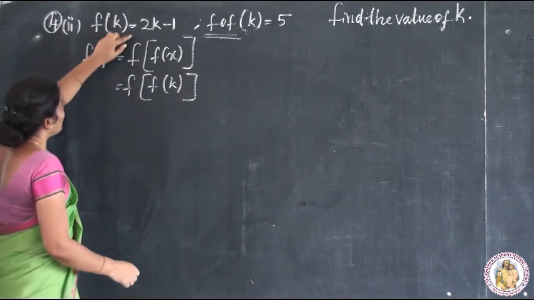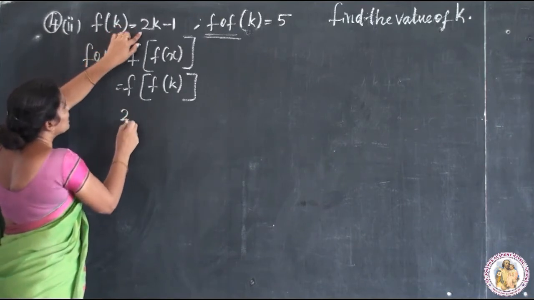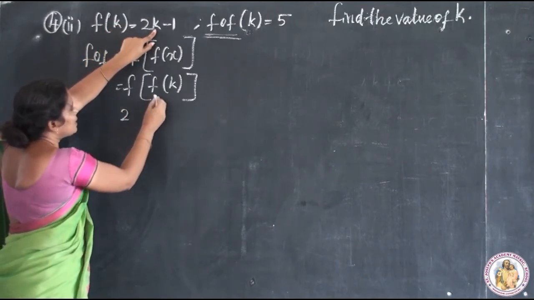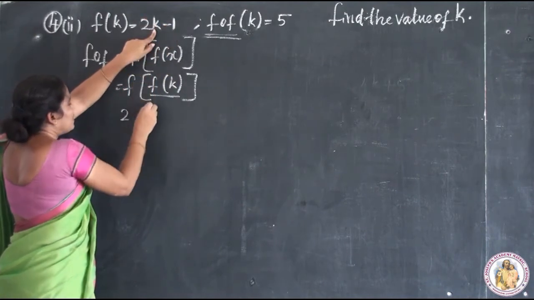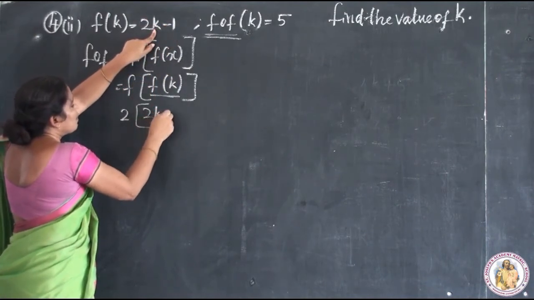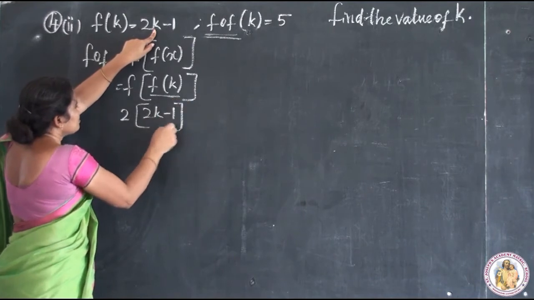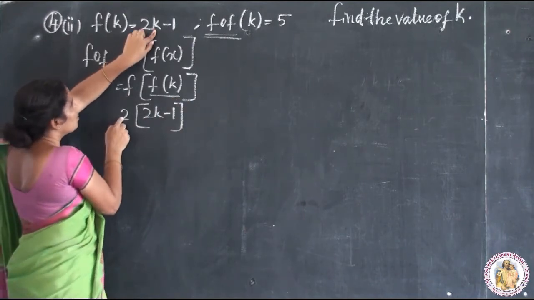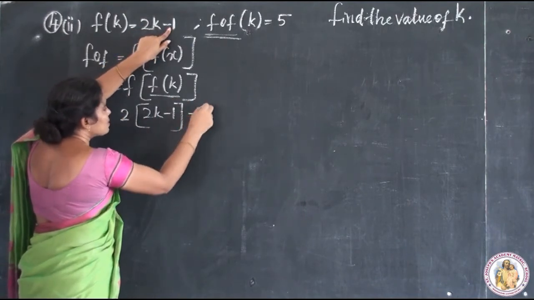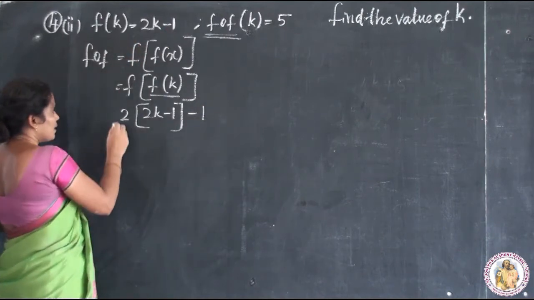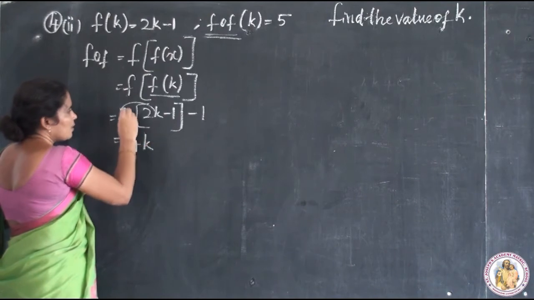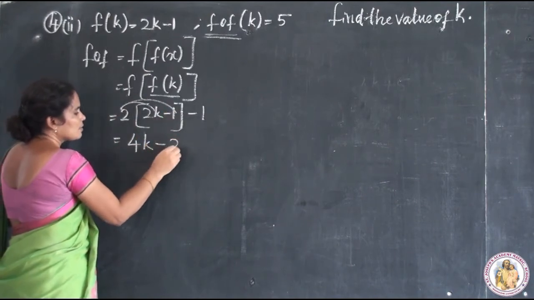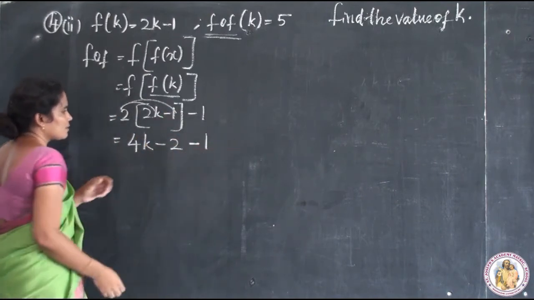So f, what is f? 2. In the place of k, it is given as f of k. So f of f of k is nothing but 2 f of k minus 1. For f we have written 2 and the remaining minus 1. So 2 into 2, it is 4k. 1 2s are 2, remaining 1.